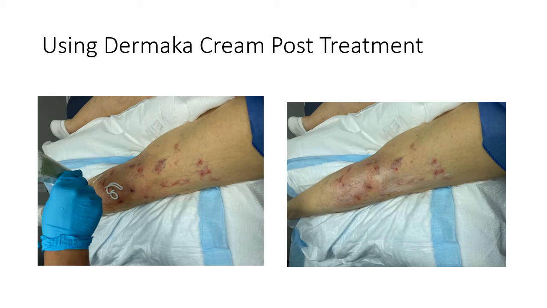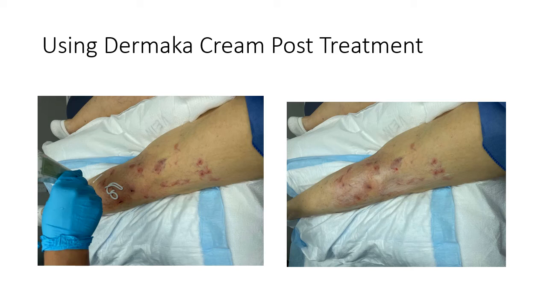Now, even though they have solar elastosis, they'll get a good result as long as you take care of this, you do some compression, use Dermica cream. They actually get a very good result, even though it takes a little bit longer to clear when they have all this skin damage. But I think this is an interesting point. You see something like this, just instruct them to use Dermica cream for about a week.